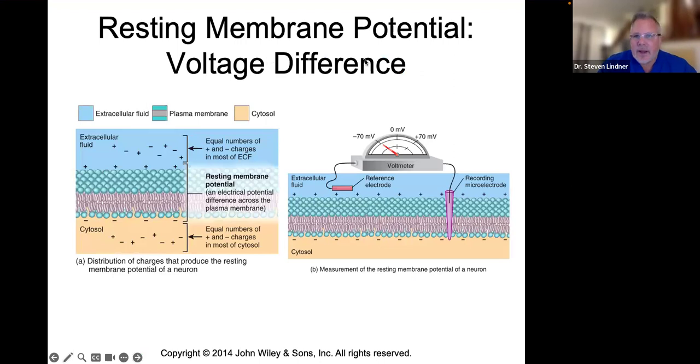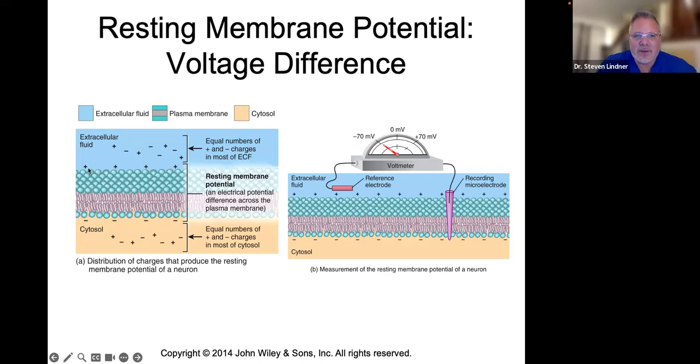So in the resting membrane potential, there's a voltage difference. I use this visual to show how you've got extracellular fluid, you have intracellular fluid, here's your cell membrane, and there's positives and negatives outside and some positives and negatives inside.